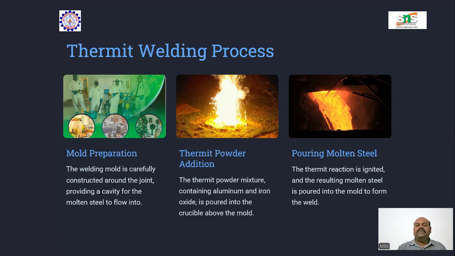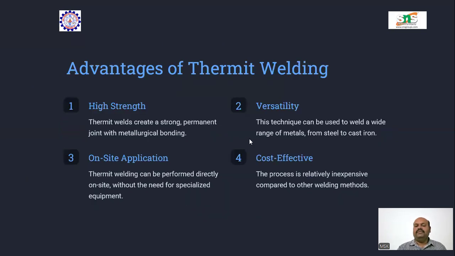The thermit powder mixture containing aluminum and iron oxide is poured into the crucible mold. And the third part is pouring molten metal. The thermit reaction is ignited and the resulting molten steel is poured into the mold to form the weld. So these are the three processes happening during the welding process.